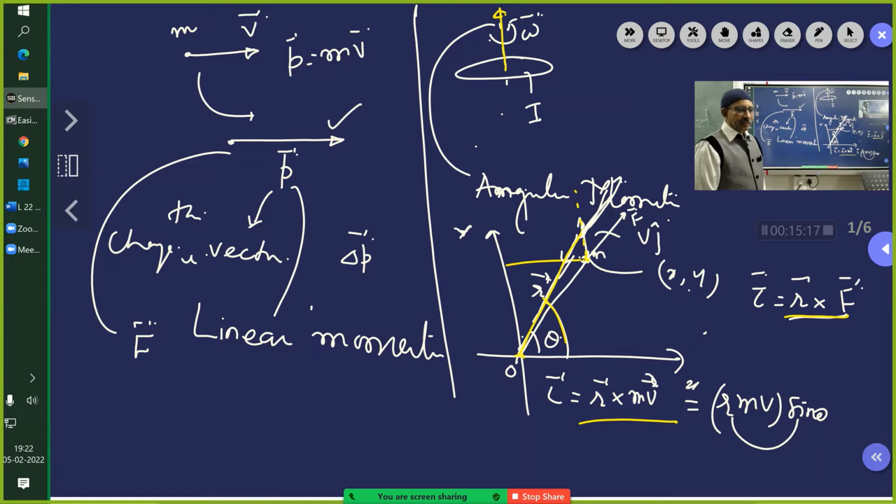So if you measure this theta, R sin theta is what we should take. So R sin theta will be constant. That is the reason why the angular momentum will not change if the force is radial. This is basics. Clear?